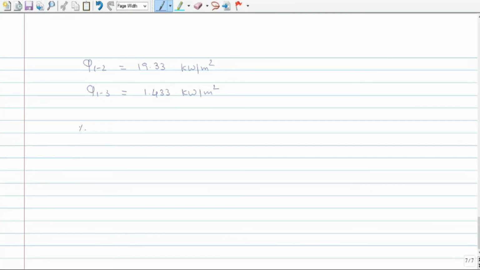So the percentage reduction is Q122 minus Q123 divided by Q122. So we get 19.33 minus 1.433 divided by 19.33 into 100. The answer will come in percentage. So our answer will come 92.53%. So this is our final answer.